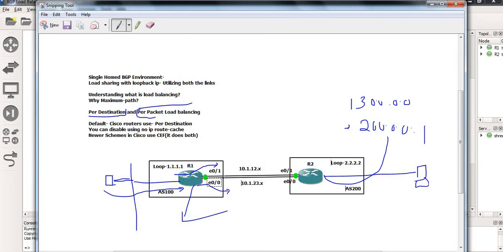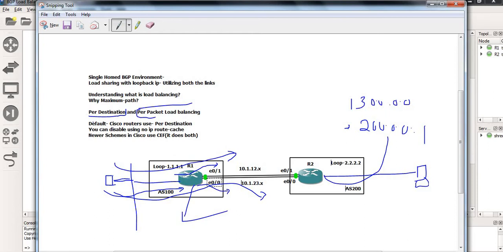This network is learned on router 1 as well, and the 200.0.0.0 network is also learned on router 1. So when this computer wants to access the 130 network, it will take the first path, Ethernet 0/1. When it is accessing the 200.0.0.0 network, it will take the second link.